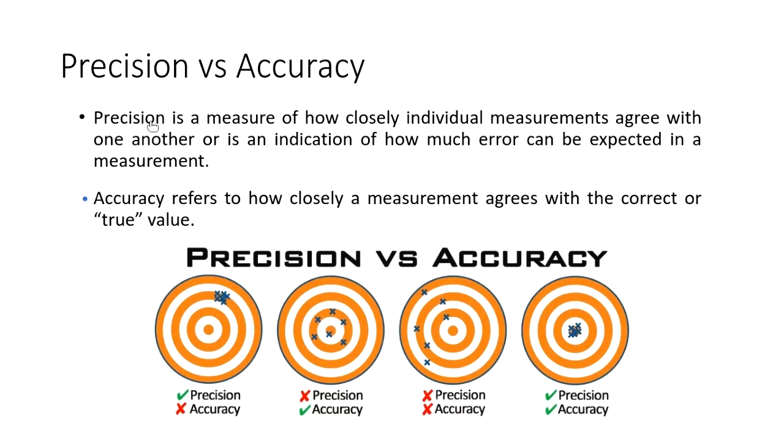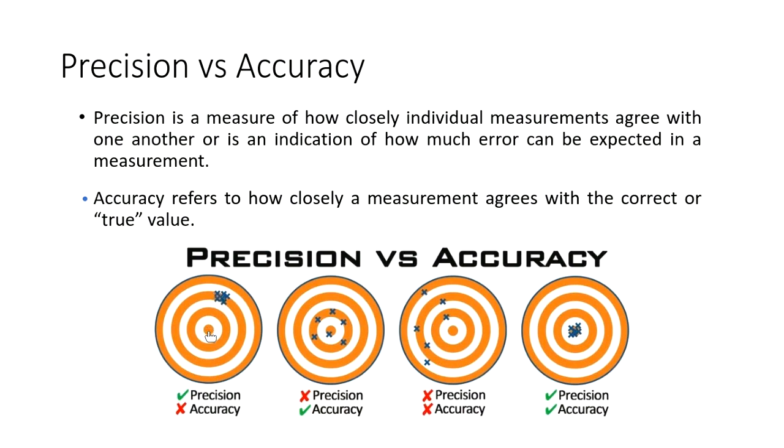Something different is accuracy. Accuracy refers to whether a measurement agrees with the correct true value, whether it is hitting the target or fulfilling your goal. For example, here we have something very precise, because all of them are in the same place, but not accurate, because that would be your target.